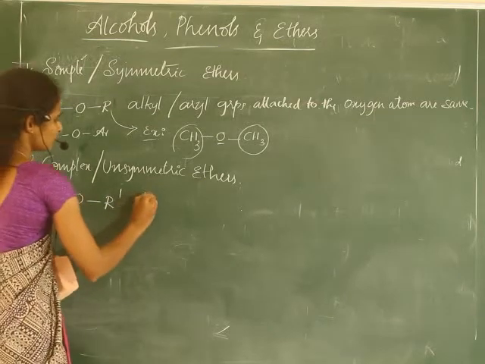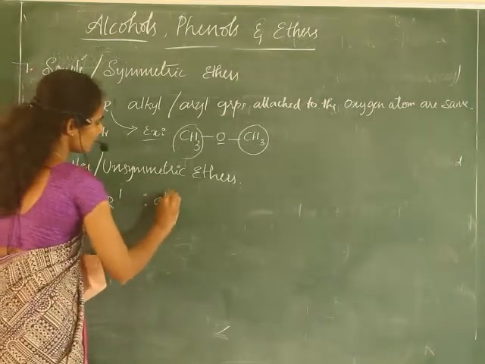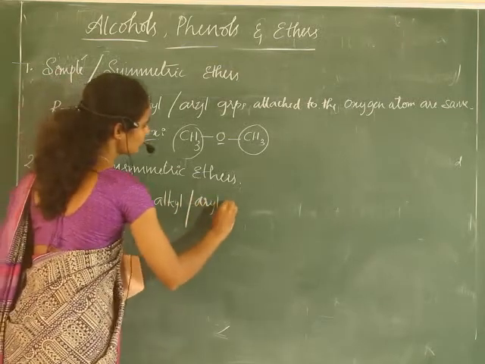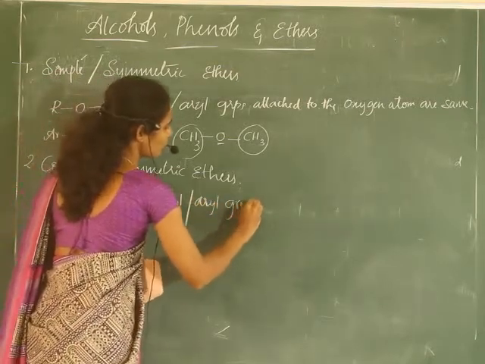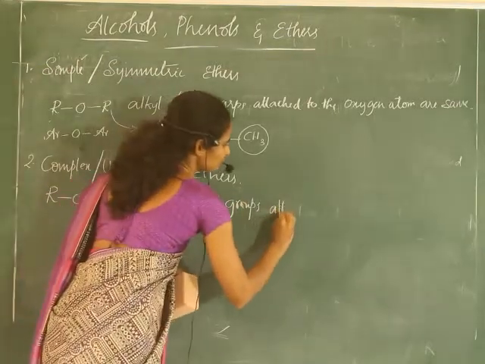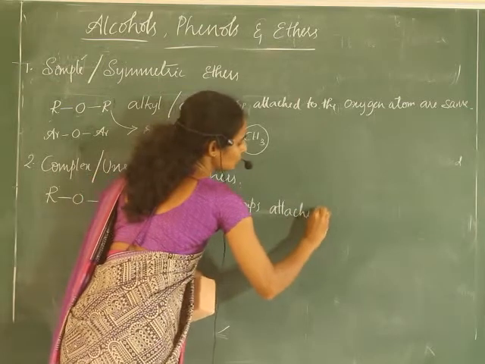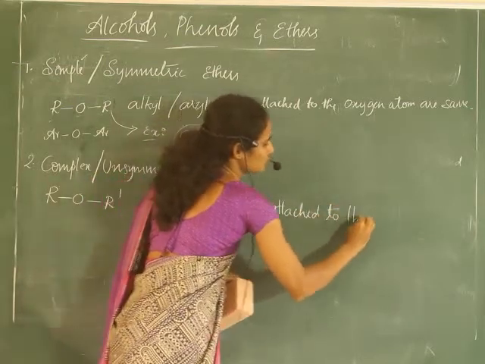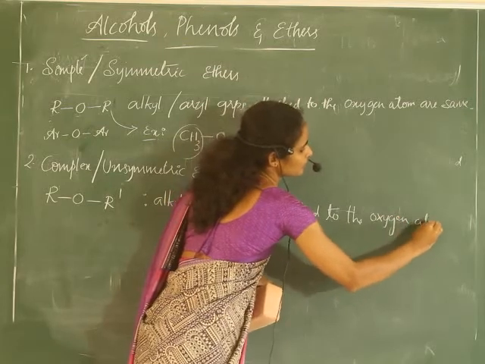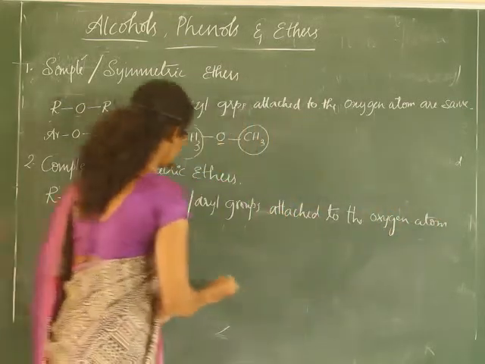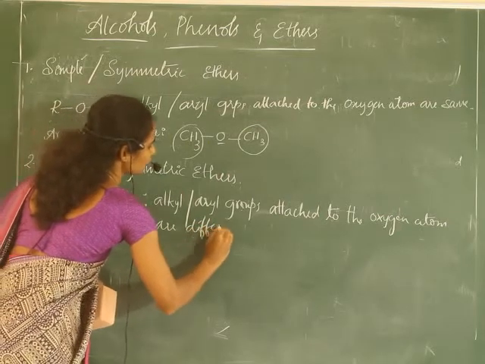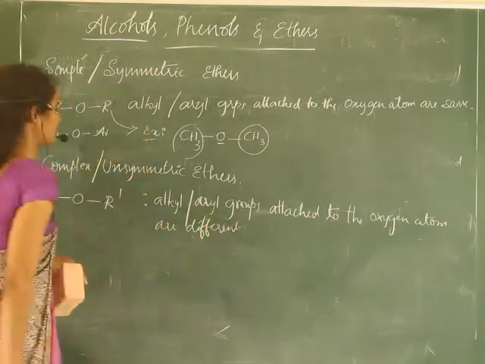Now it's nothing but alkyl or aryl groups attached to the oxygen atom are different, then they are called unsymmetric ethers.